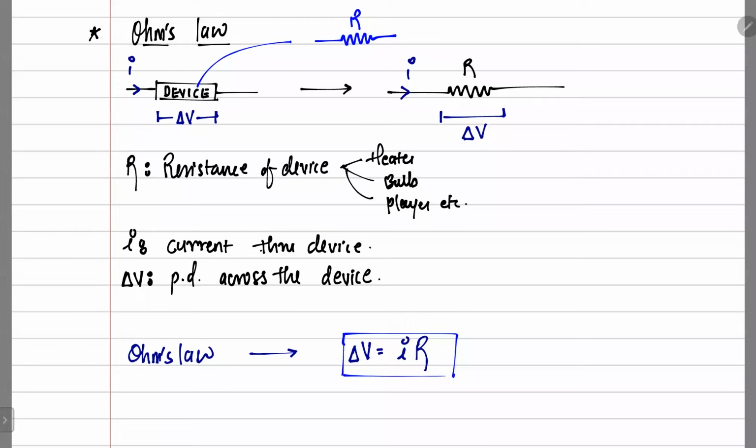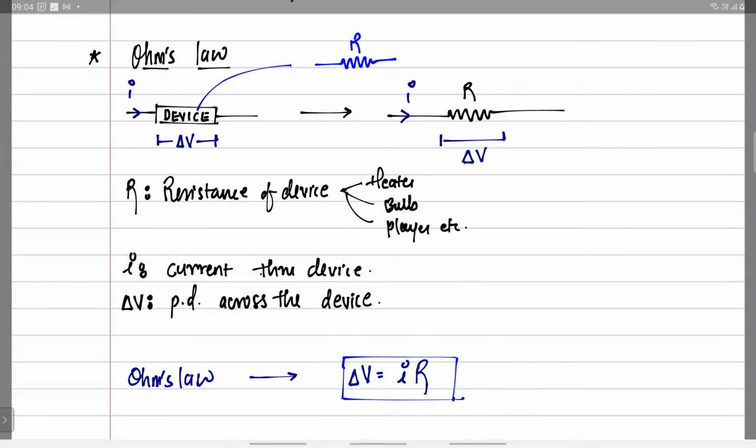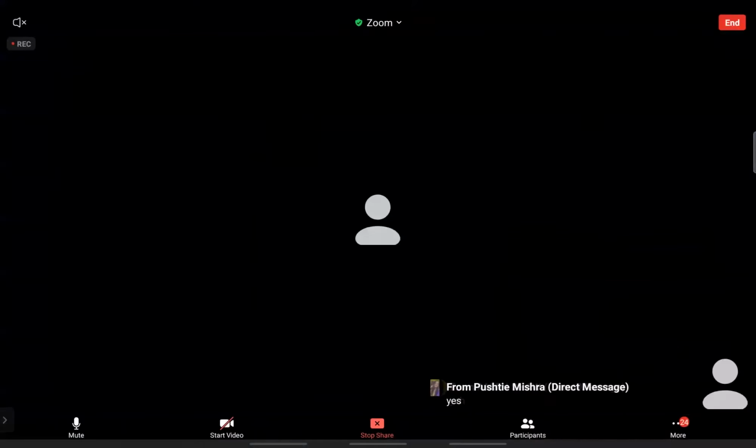This is what Ohm's law talks about. Now, you need to tell me in the chat box if you understood this concept, what is Ohm's law. Tell me. Send me messages in the chat box.